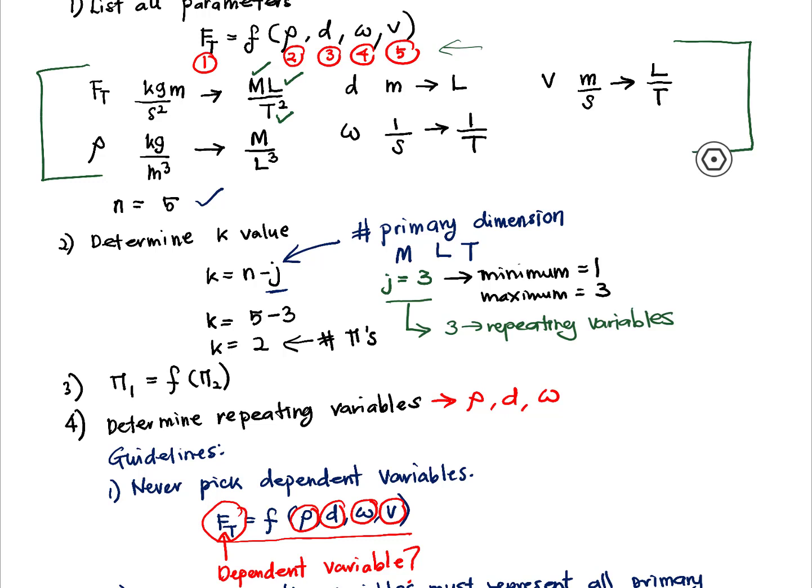Then we move to the next parameters: rho, diameter, omega, and velocity. Let's take a look. If we combine density, diameter, and omega, what will happen to the unit?